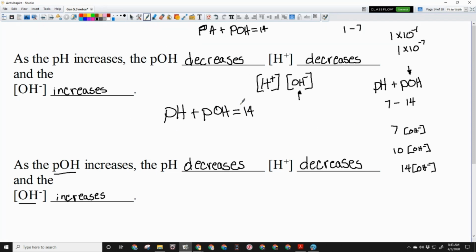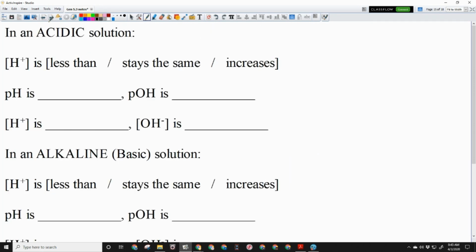Really understand what's going on in that 1 to 7 scale. You may have to watch this section a couple of times and then stop it and really take a moment to process that in your head. But once you do, then it's easier to think about these and get this information straight. And it will come with time.